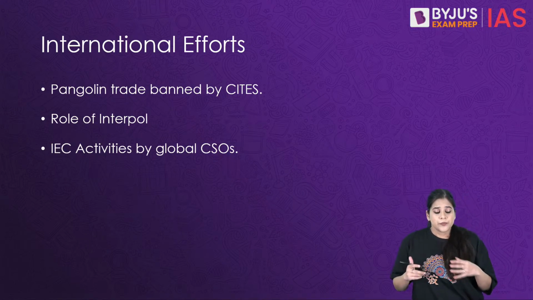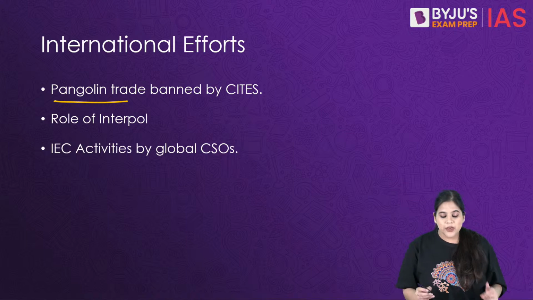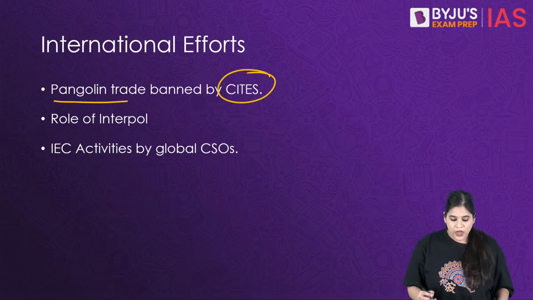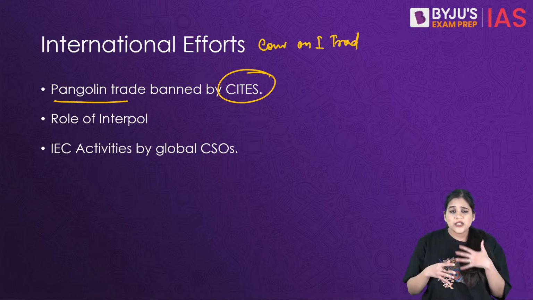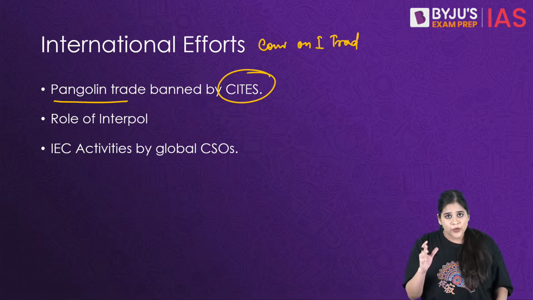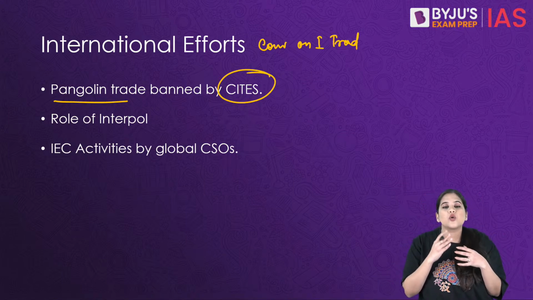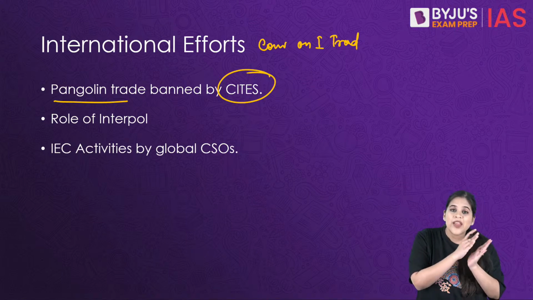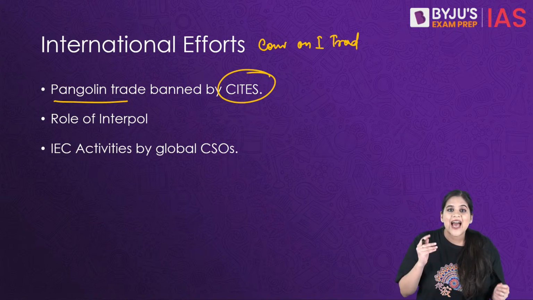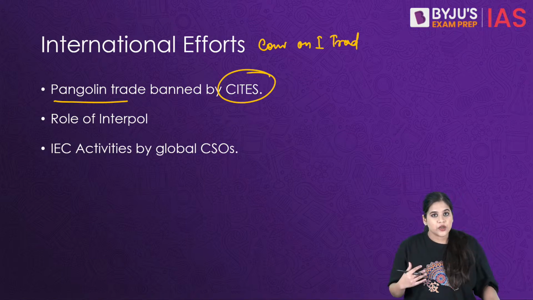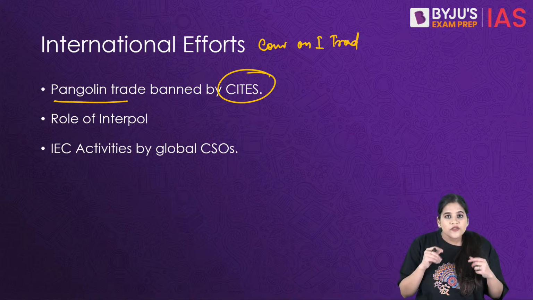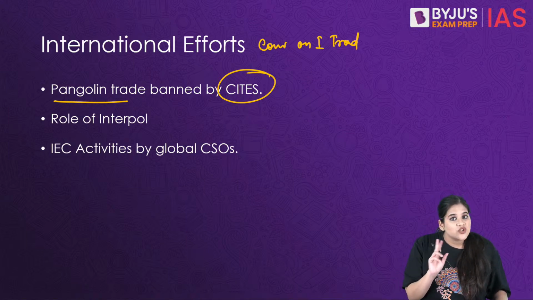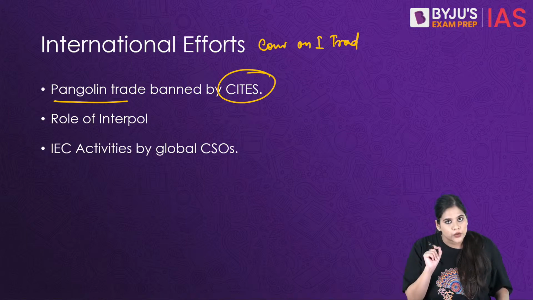Internationally, the pangolin trade has been banned by CITES. So what is CITES? It is the Convention on International Trade in Endangered Species of Flora and Fauna. It helps in regulating the global trade in both flora and fauna, that is, both plants and animals. It has various schedules, and if any animal is placed in Schedule 1 of CITES, then no international trade in that animal is allowed.